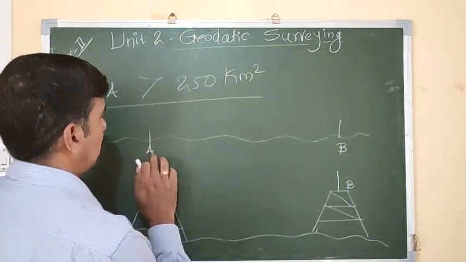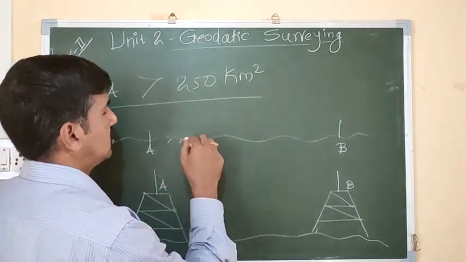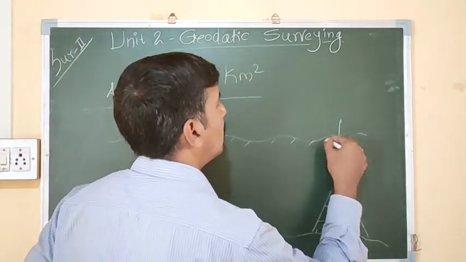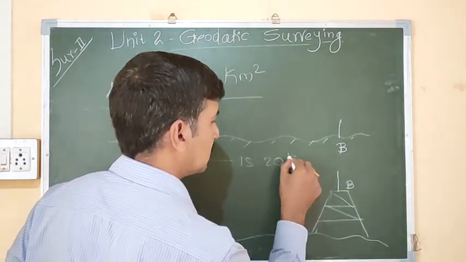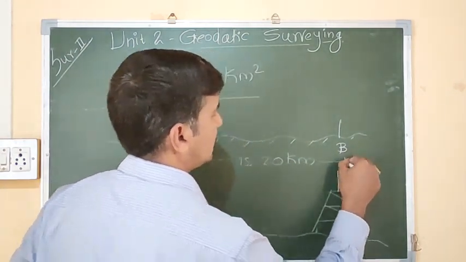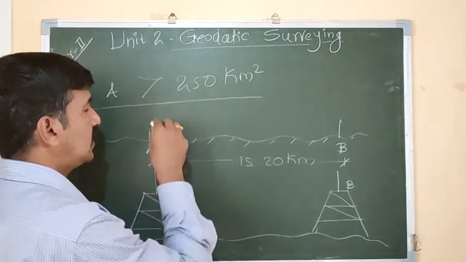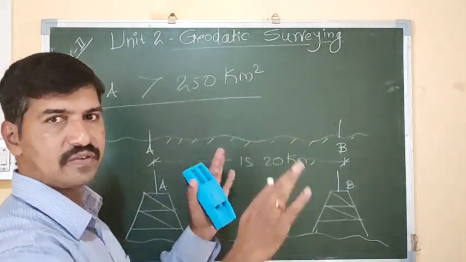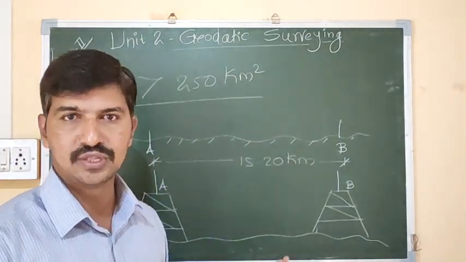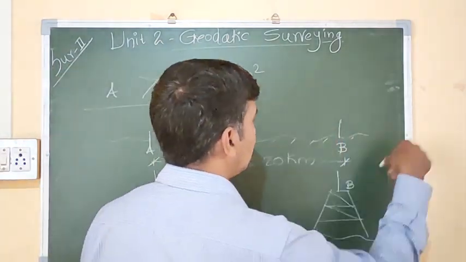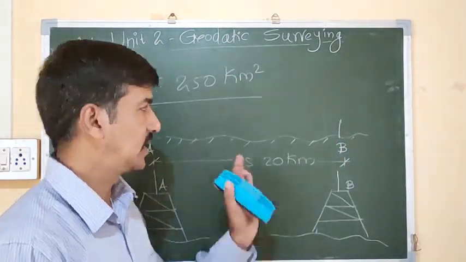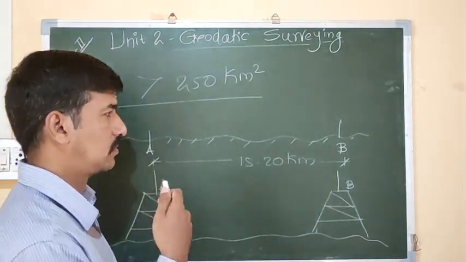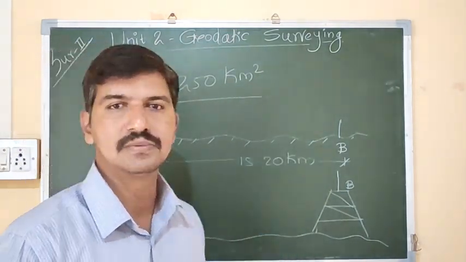Because earlier this is my ground level and this distance is almost say 15 to 20 kilometer, and as I said, point A has some buildings, a dense population area, and point B has again a wild forest, or it is again not visible due to some trees.